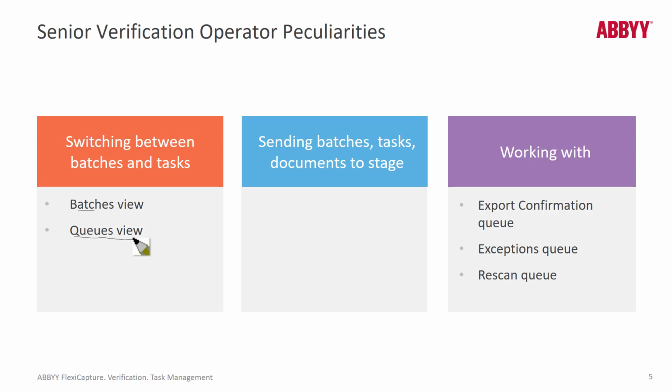So they can also send batches, reroute them to other stages, and they can work with these important queues. Really, they're not going to be working on the rescan queue. That will be a scanner operator, but the export confirmation queue and the exception queue, and that's a real important queue. So a senior verification operator has more powers and capabilities.